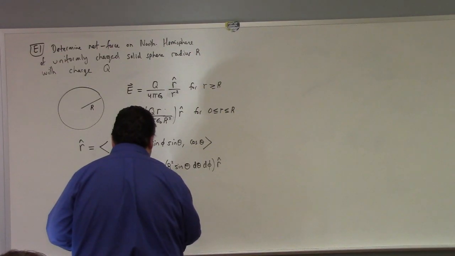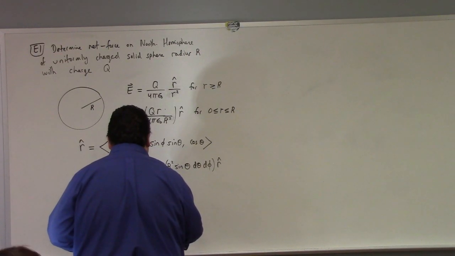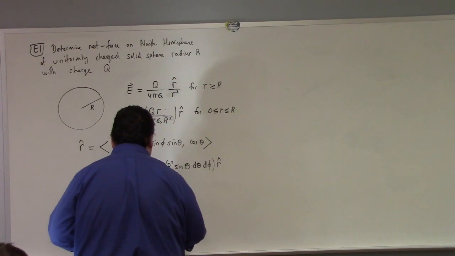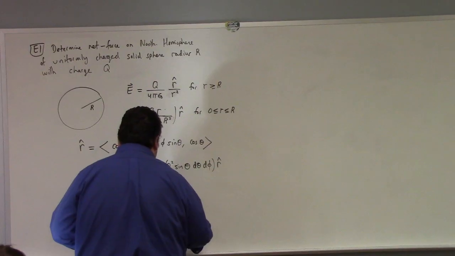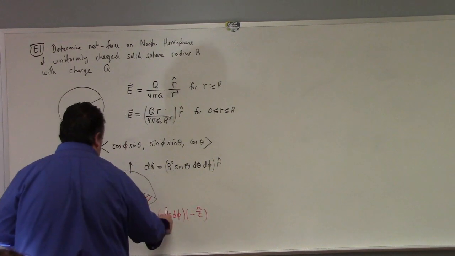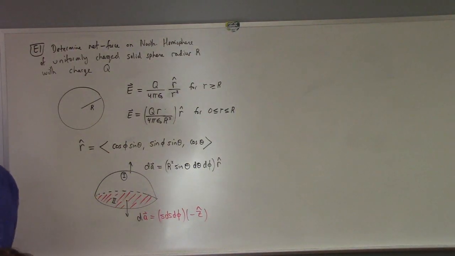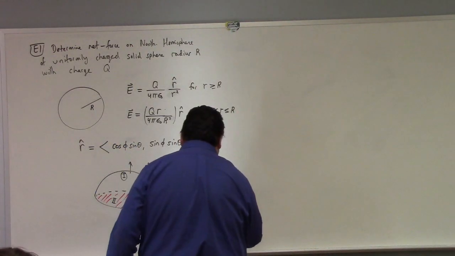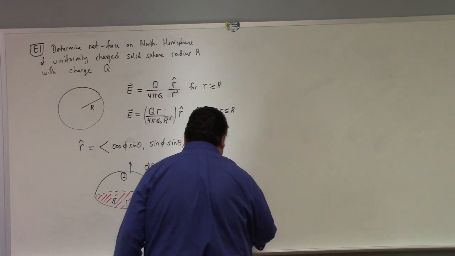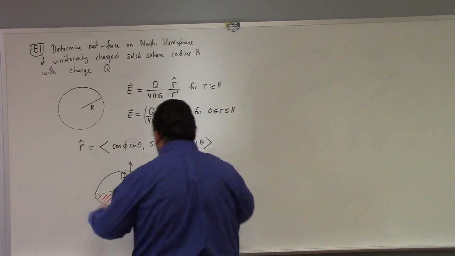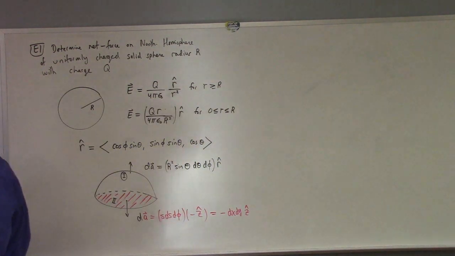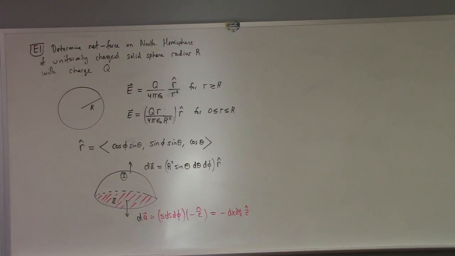I'm kind of inclined to do s ds d phi, and then minus z hat. To me, that feels most natural. If you prefer, you could do dx dy. But it's the downward pointing, right?